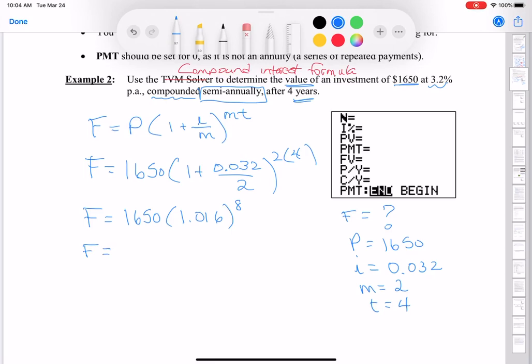When I'm punching this in, it's going to be 1650 times 1.016 to the exponent 8. All right, let's find what that is. Our future value rounded to 2 decimal places is $1873.41.